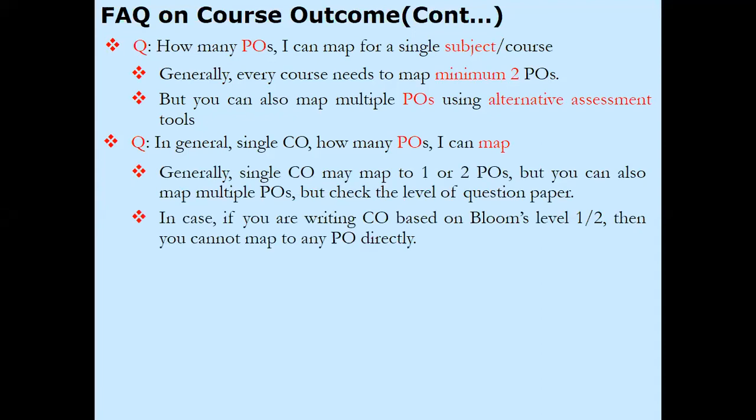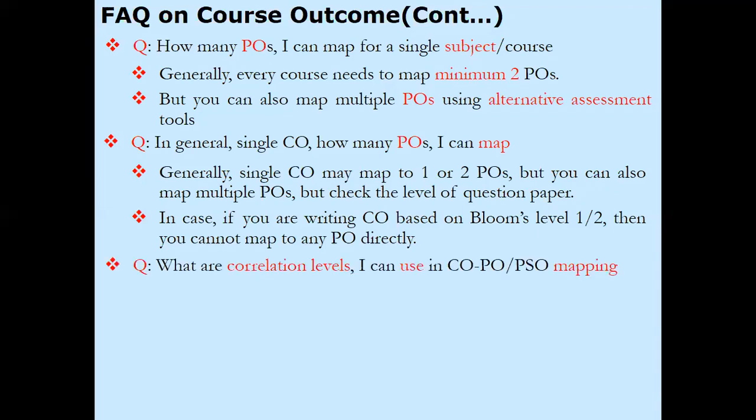The answer is, generally a single CO may be mapped to 1 or 2 POs, but you can also map multiple POs. If you are writing the CO based on Bloom's level 1 or level 2, then you cannot map it to any PO directly.